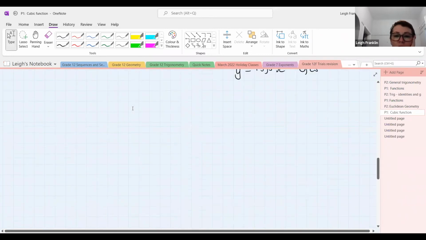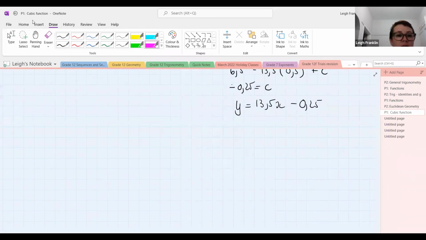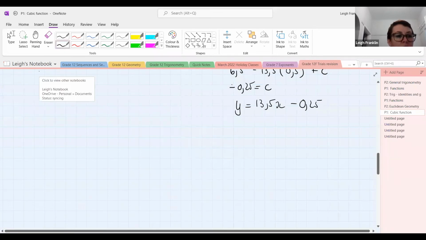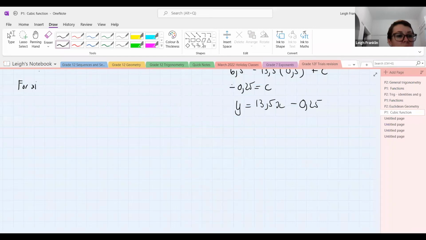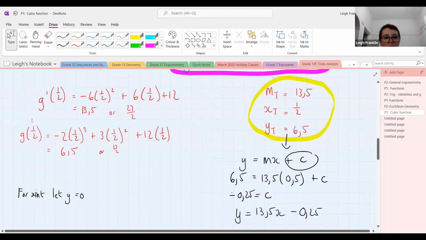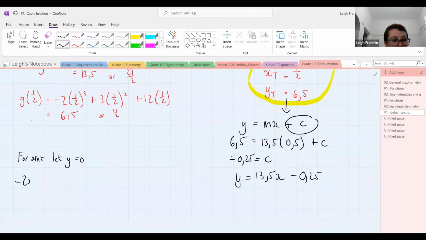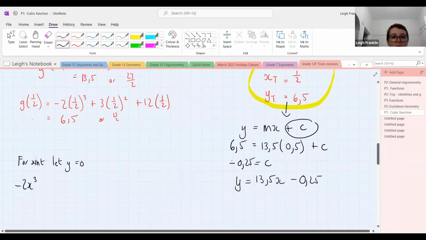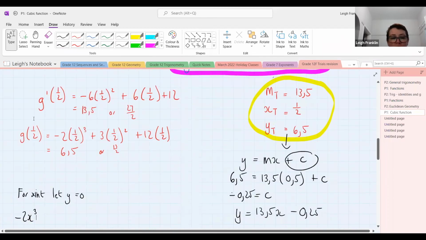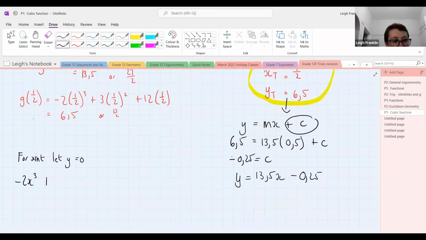But if they ask you for the x-intercepts of your graph, you're going to let y be equal to 0. So you would take your original equation, the one that you've calculated, in other words, minus 2x cubed plus 3x squared plus 12x, and you would make it equal to 0.